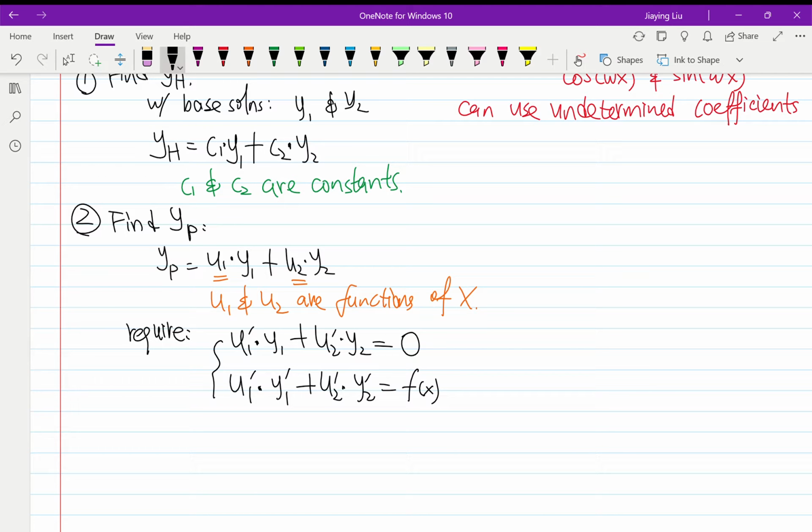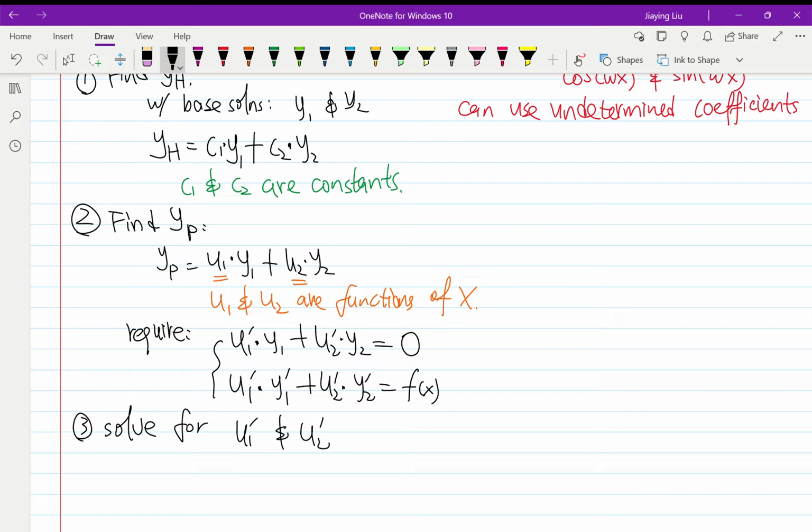Assuming that we solved for the homogeneous solutions already, so we have y1 and y2, we can definitely take the derivative of them to get y1 prime, y2 prime. So the only thing we don't know here is u1 prime and u2 prime. In the second equation it's the same thing, u1 prime, u2 prime. So we have the derivatives in both equations for use. We're going to use those two equations to solve for u1 prime and u2 prime.